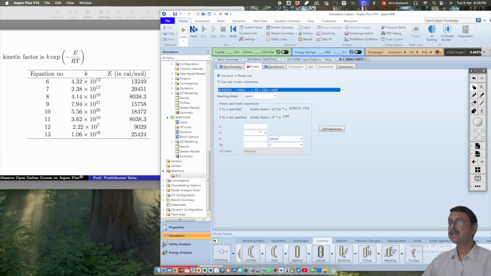Ninth reaction 7.94 E21, 15758 calorie per mole.